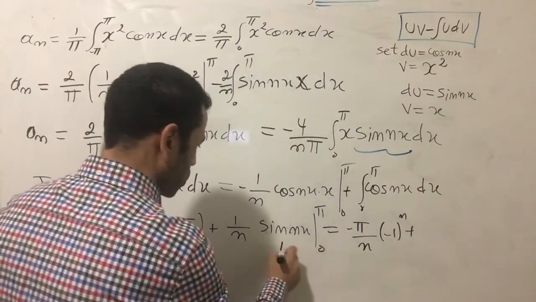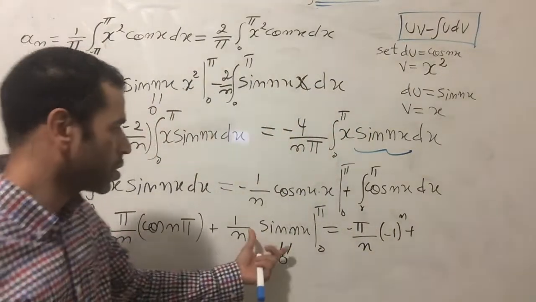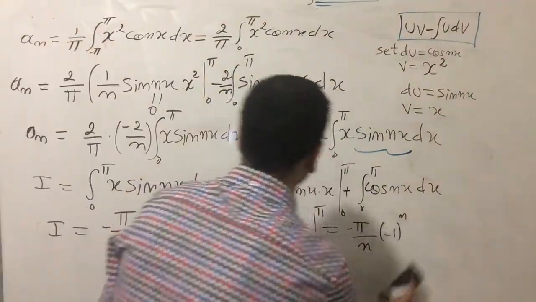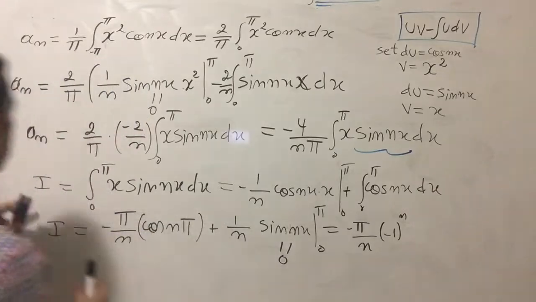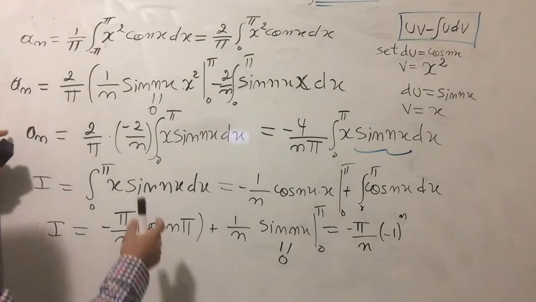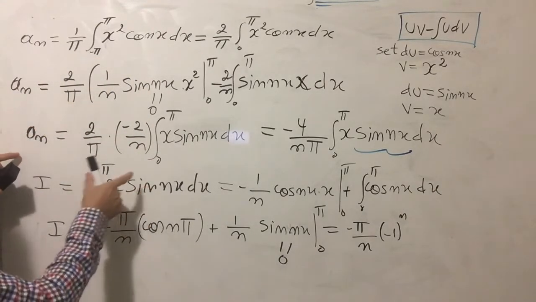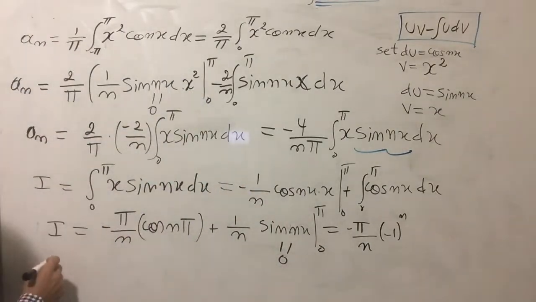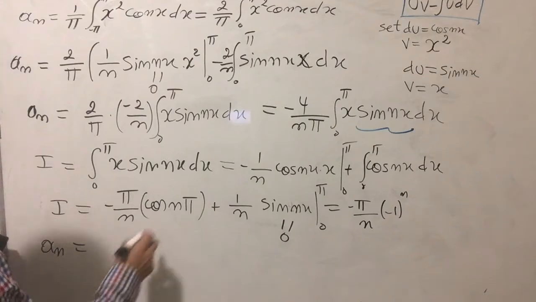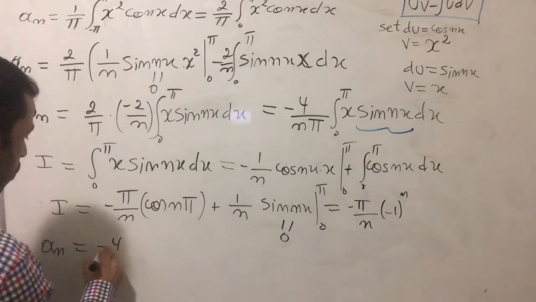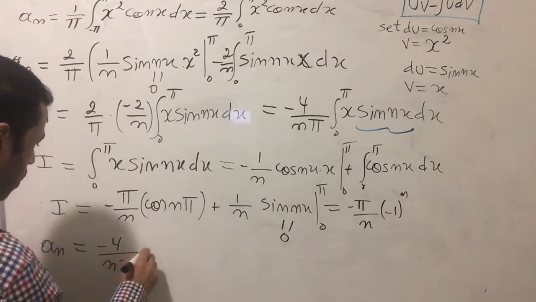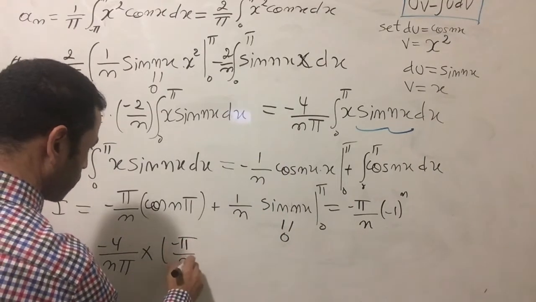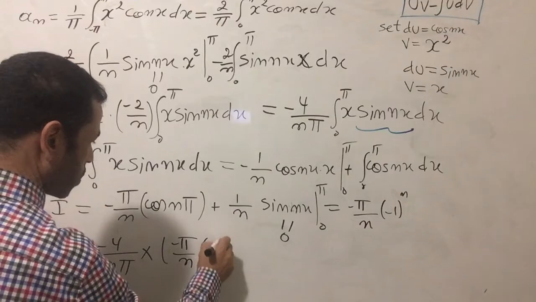This integral equals 0 because sine of pi equals 0. So now I sub n equals 4 over n pi multiplied by this I integral, which is minus pi over n multiplied by minus 1 to the n.